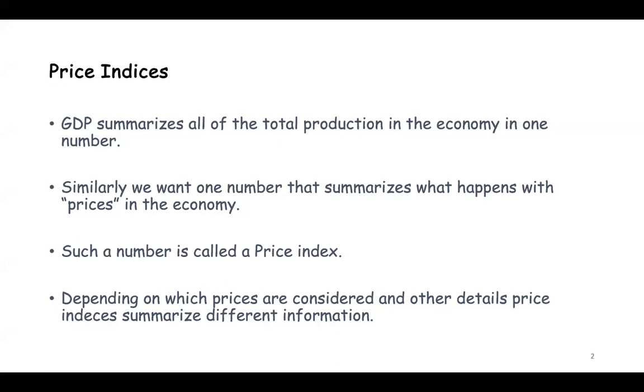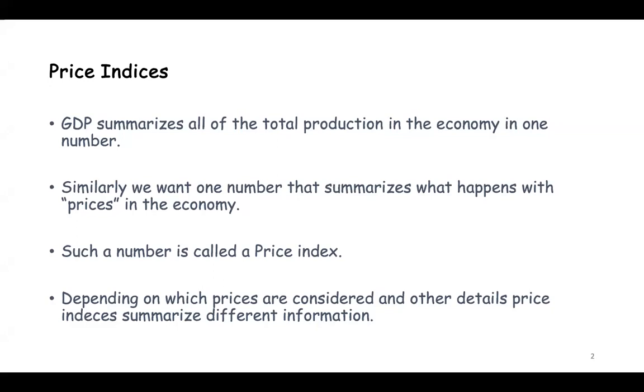We have a complex system, which is an economy, and we're trying to get a few indicators that summarize what's going on in the economy. In a way, we condense all of these complex interactions of people, households, firms, and government, at different levels, and summarize them in a few numbers that give us an idea of what's going on.